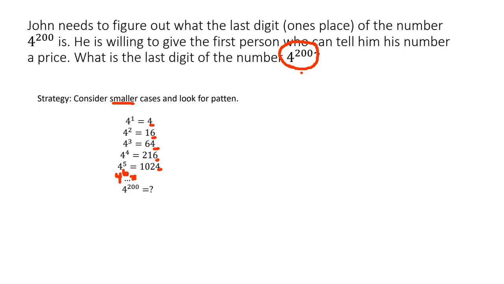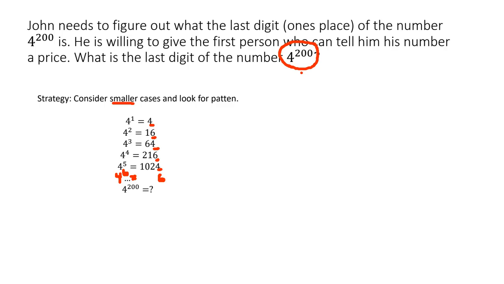Because we have 4, 6, 4, 6, 4, 6. So what you can do is list all the way to 200 and get your number, but that would take some time, right? So we don't want to do that. Instead, we can see, okay, how do I know when it's a 4? How do I know when it's a 6?